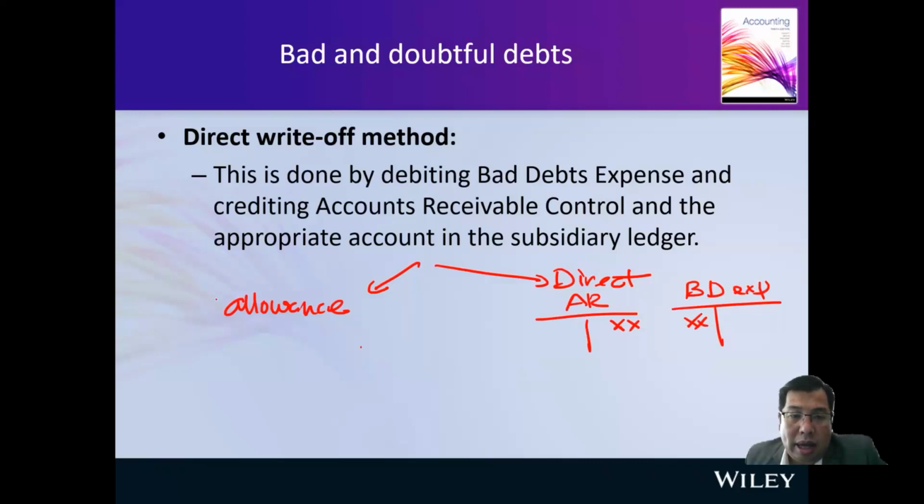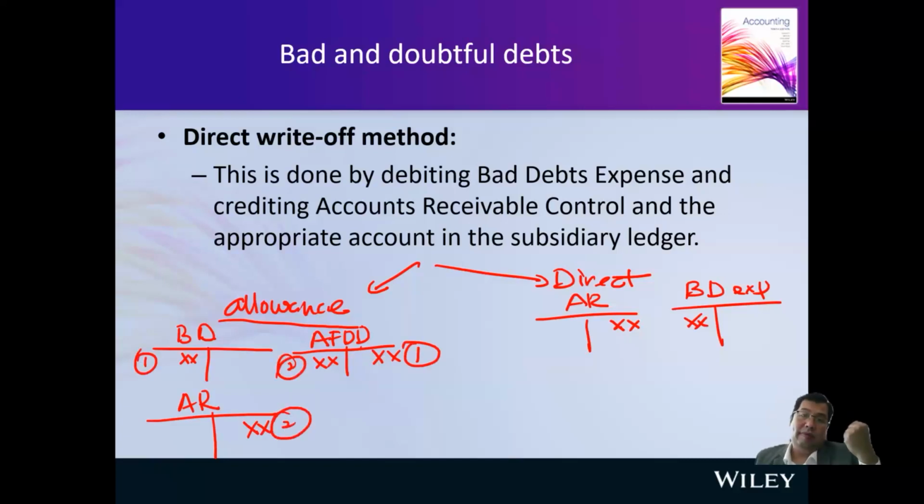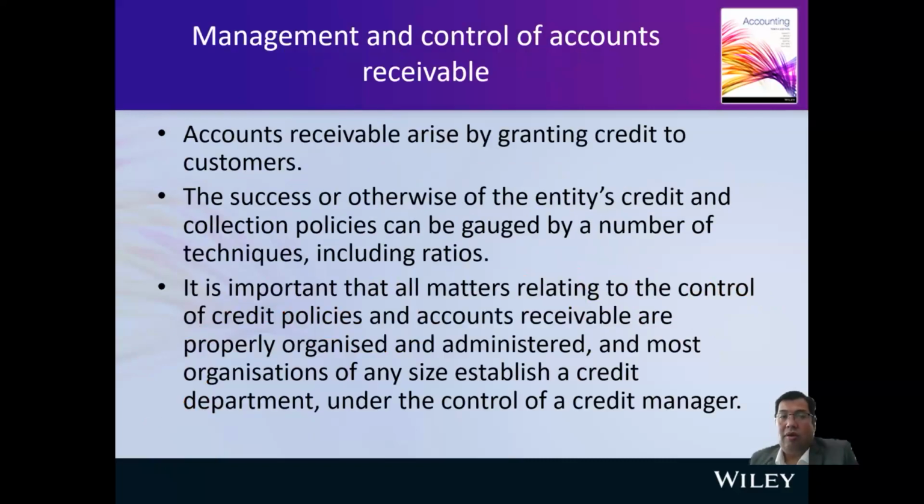Under the allowance method, every year you prepare your bad debt expense: you debit your bad debt expense and credit your allowance for doubtful debt. This is step number one. And then when it is confirmed, you record a credit in your account receivable and a debit in your allowance for doubtful debt. This is step number two. So this is the difference between the allowance and direct write-off methods.